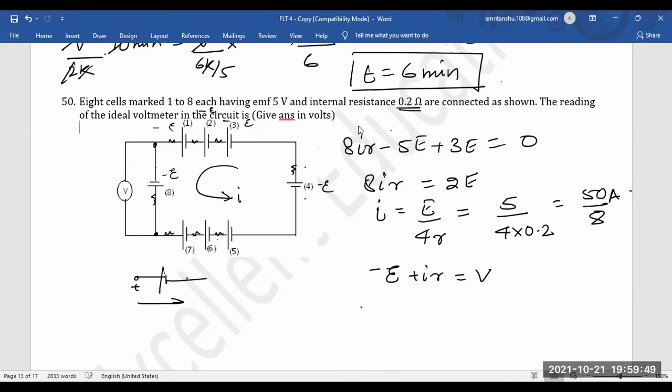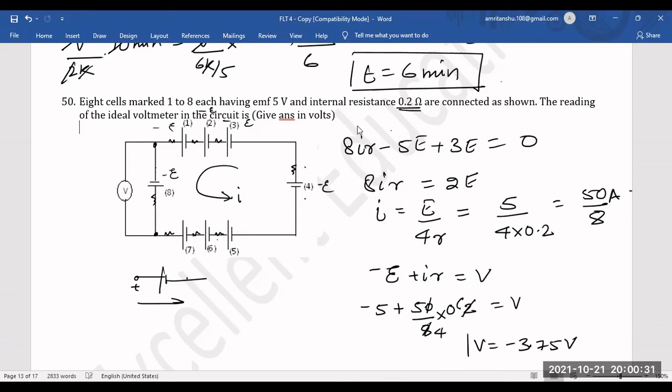So minus E is minus 5 plus I, which is 50 upon 8, into R, which is 0.2. 5 by 4 is how much? 5 divided by 4 is 1.25. So this is minus 5 plus 5 divided by 4, which gives us minus 3.75.